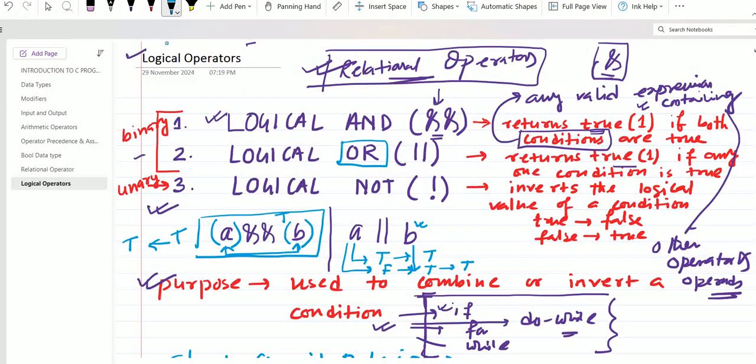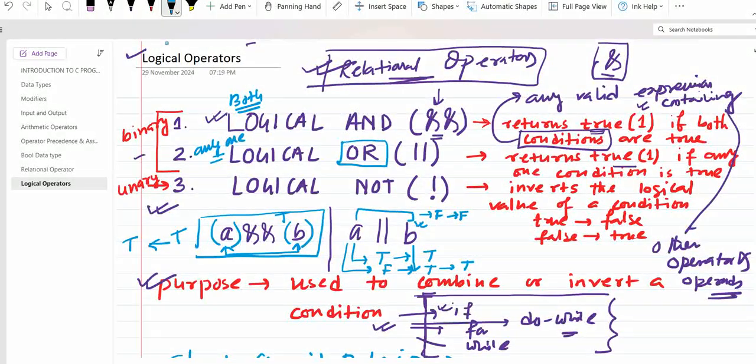If both evaluate to false, the outcome will also be false. So what is the difference between logical AND and logical OR? AND needs both conditions to be true, while OR needs any one.